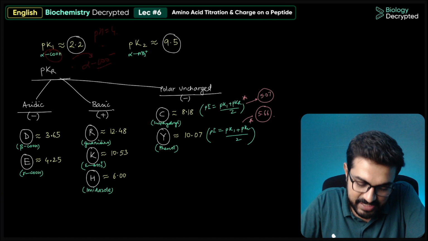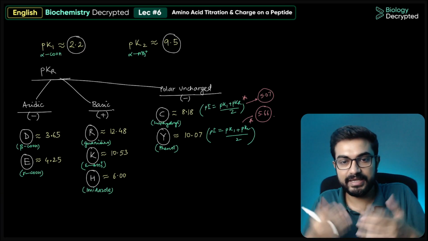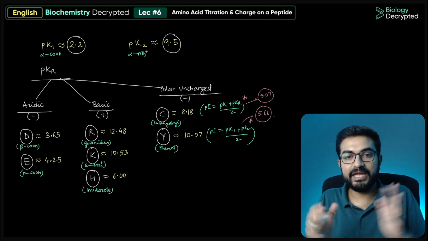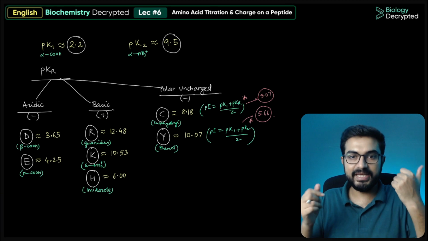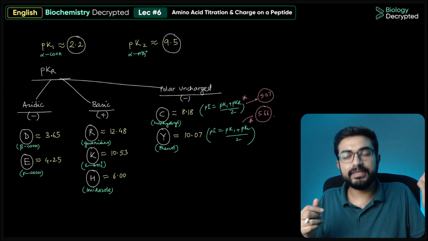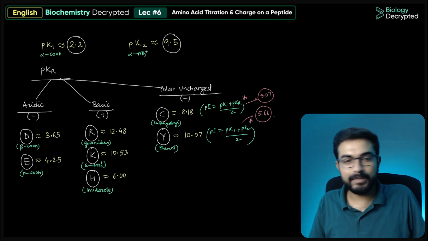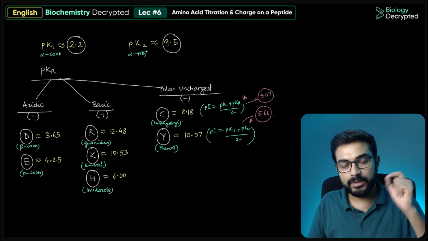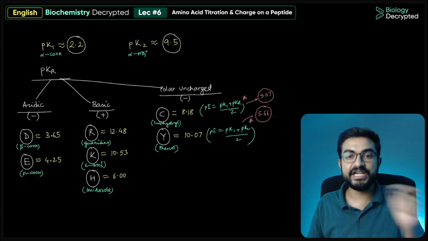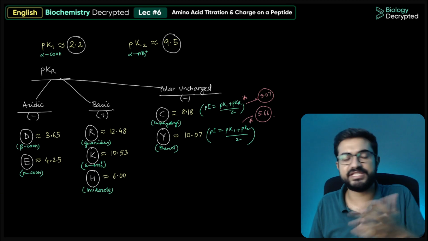So the net charge will be -1. Earlier it was 0, now it is -1. This is how we can calculate the net charge on a peptide depending on the groups it has. Also, except for the extreme left and extreme right ends, no other group will be free. There is no free amino or free carboxylic acid group in between. So you will consider only the side chains, and for side chains we will take into consideration the acidic and basic side chains.